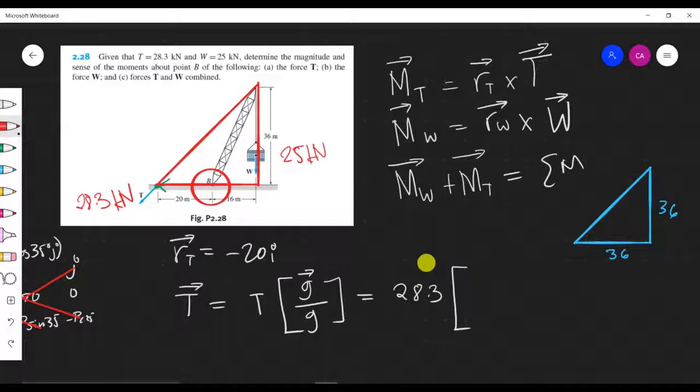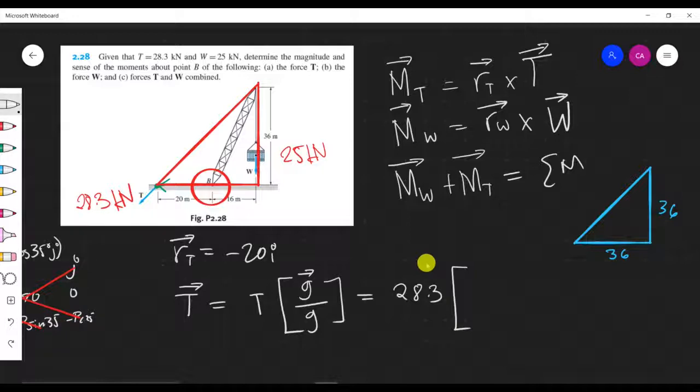Yan yung triangle na nagtatakda ng direction or yung direction vector ng 28.3. So, parang ganyan siya. So, yun yung angle natin.